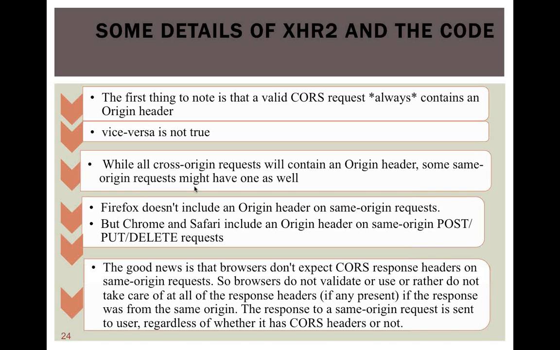Let's say, in our example, we are talking of domain1.com and domain2.com. We saw that the same origin policy was restricting the scripts on domain1.com from accessing the elements on domain2.com. If domain2.com wants to support XHR2, whenever there is a request, it will always have in its response headers the header Access-Control-Allow-Origin, in which it will say domain1.com is allowed.